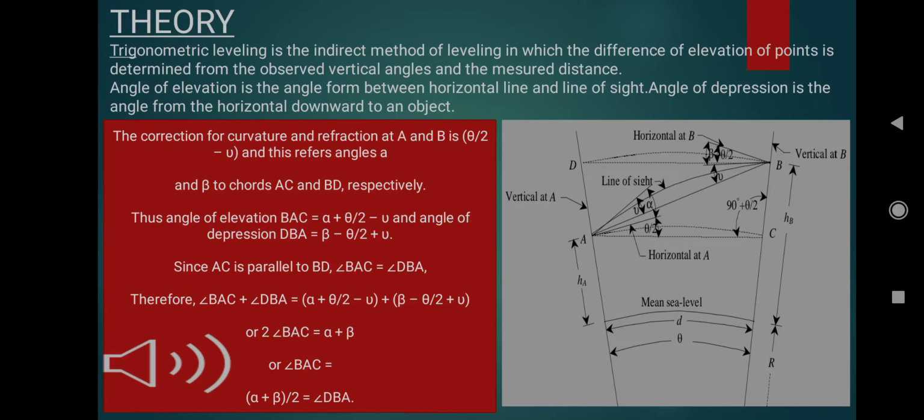Since AC is parallel to BD, angle BAC equals angle DBA. So we can add them: BAC plus DBA equals alpha plus theta by 2 minus nu plus beta minus theta by 2 plus nu. So 2 BAC equals alpha plus beta, and BAC equals alpha plus beta by 2, which equals DBA.